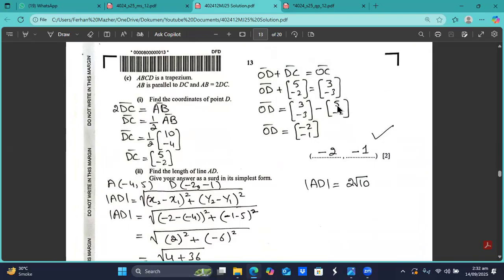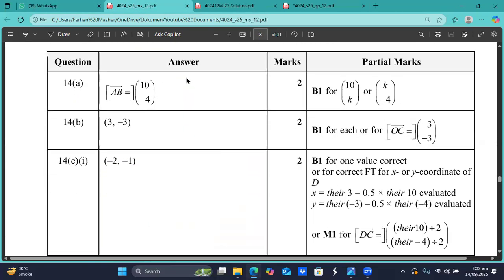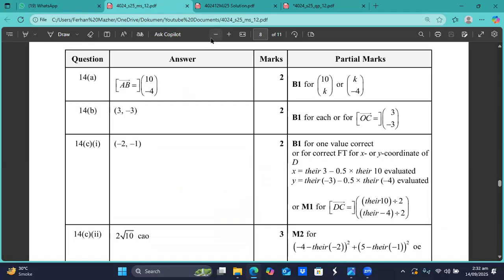So just bring this bracket on this side and this column vector on this side. So from X, subtract the X. From Y, subtract the Y. You will have OD -2, -1. So that means the coordinates of the D are -2, -1. Let's check. -2, -1 is the answer, sir.